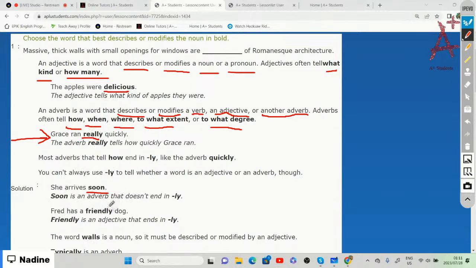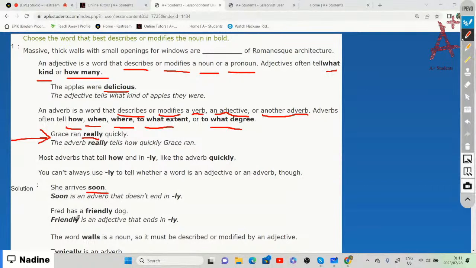Fred has a friendly dog. Friendly is an adjective. As much as we said that adverbs that tell us how end in ly, certain adjectives also end in ly and tell us about a noun, not just about the verb. Here, friendly describes the dog.